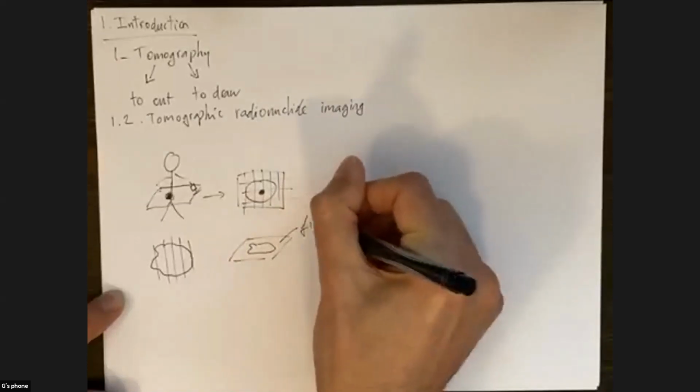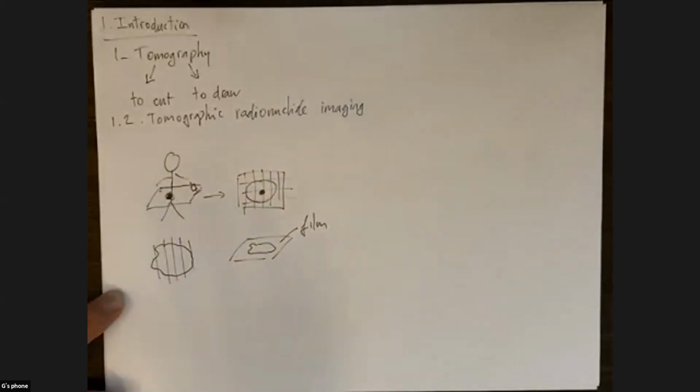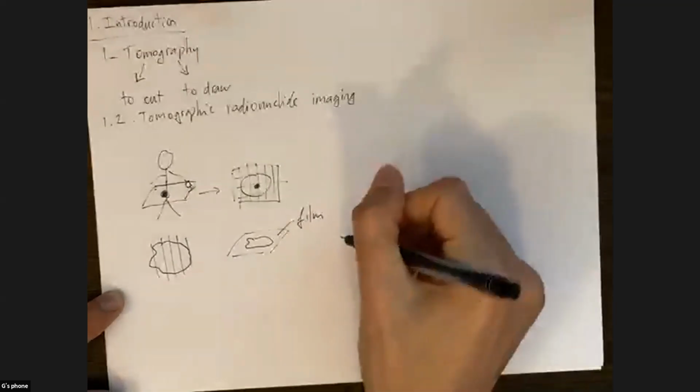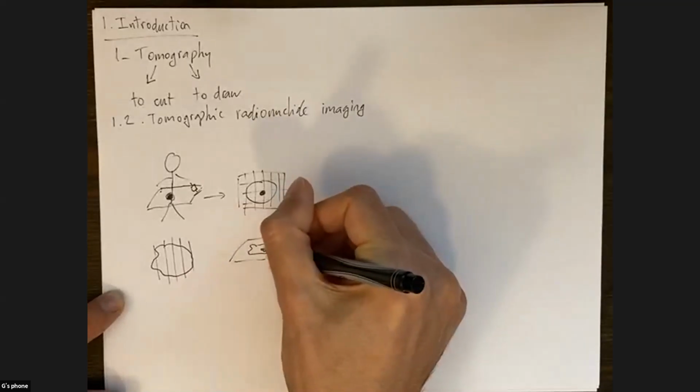This would be a piece of film here, but not photographic film, radiographic film, so it's a film that's sensitive to gamma rays. By waiting a few hours or a few days, we could take the film out and basically get a picture of how the tracer is distributed in that tissue slice.